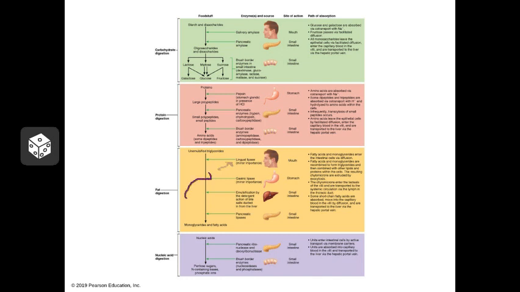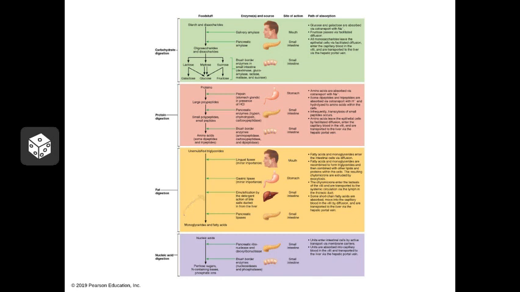The gastric lipase in the stomach also is of fairly minor importance. Lipid digestion earnestly starts in the small intestine thanks to the contribution of bile salts. Bile salts emulsify fats.